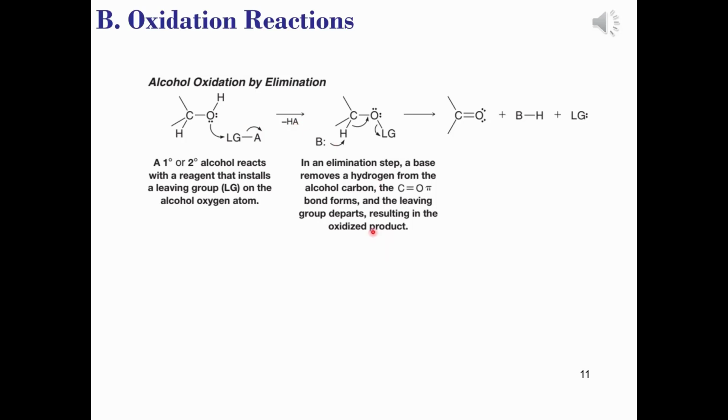In order for the carbonyl pi bond to form, a base is used to abstract an alpha hydrogen. This reacts to install the pi bond between the carbon and oxygen, thus giving the carbonyl group, and then the leaving group departs. And this is very similar to elimination mechanisms that we've studied earlier in the course.